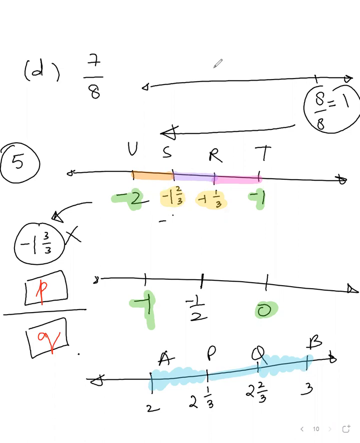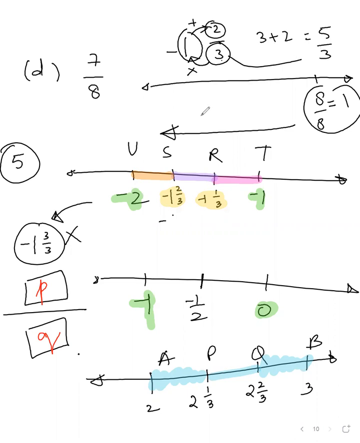Hiba, -1 2 by 3. हम क्या करते हैं? This into this plus this. Yes, 3 into 1 is 3. 3 plus 2 is 5. So 5 by 3. याद आया?